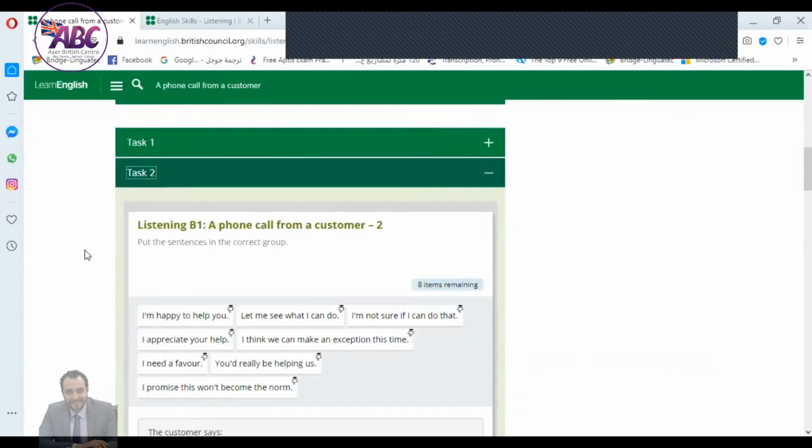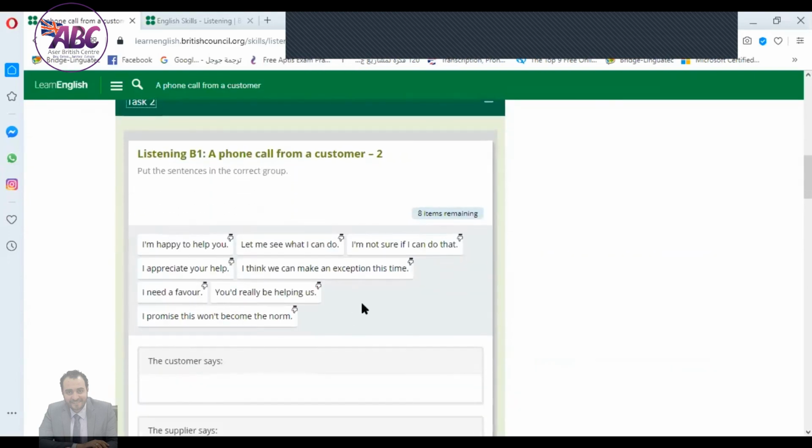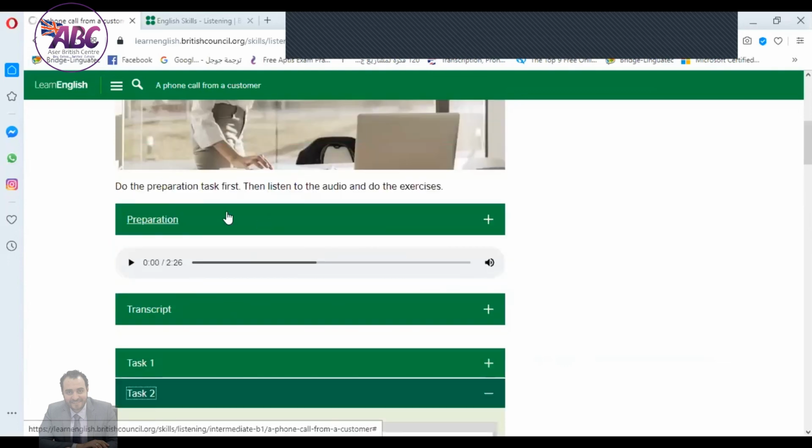If you did this task here on the intermediate level, if you did it right, you can try another topic on the same level. And if you did the other topic and you've got more than 90% right answers, you can move on to the next level, which is upper intermediate, and do the same.